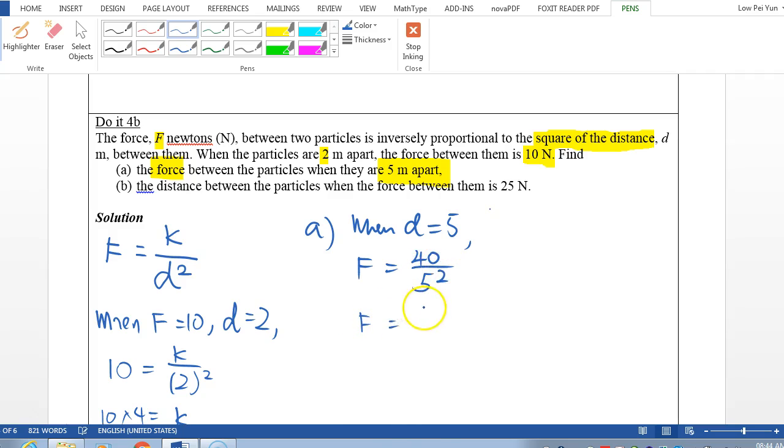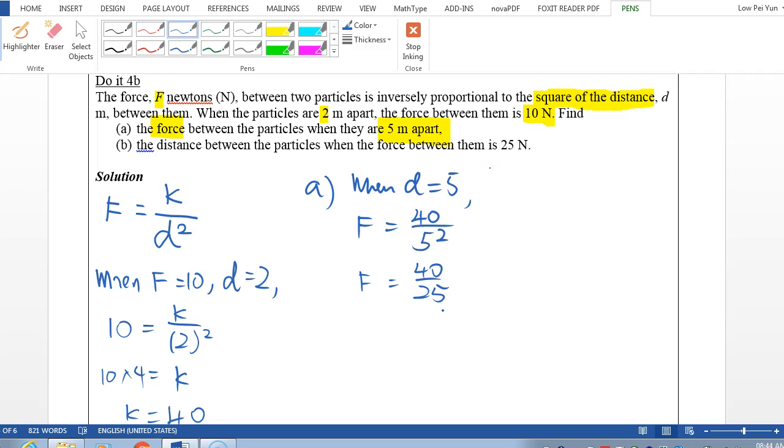So F is 40 over 25. Do we get a fraction? Yes, we get a fraction. Can divide by 5. This will be 8 over 5, which is equal to 1.6 newtons. Don't forget your units.